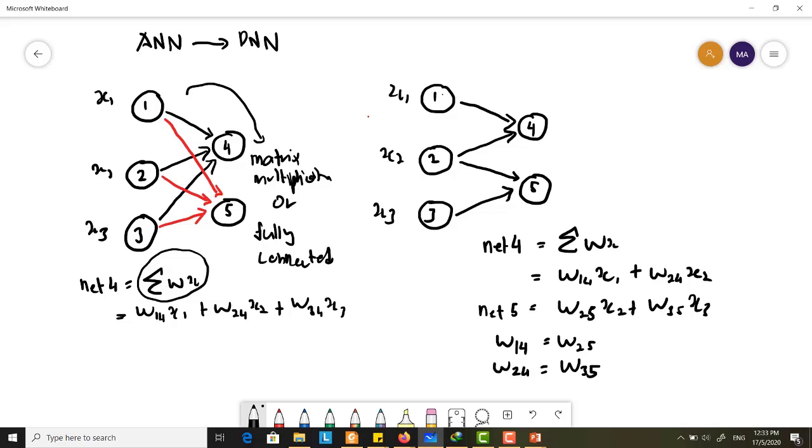So what happens if you replace this matrix multiplication with convolution? If I draw the picture, it looks like this. In order to find net 4, of course net 4 is a sum of products again, but not over all elements.